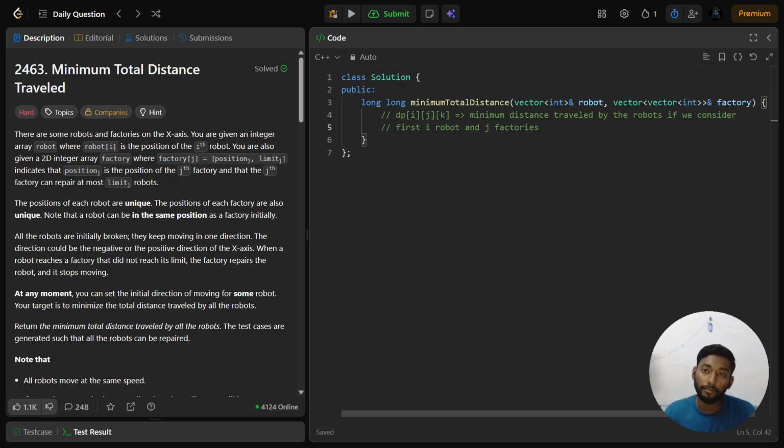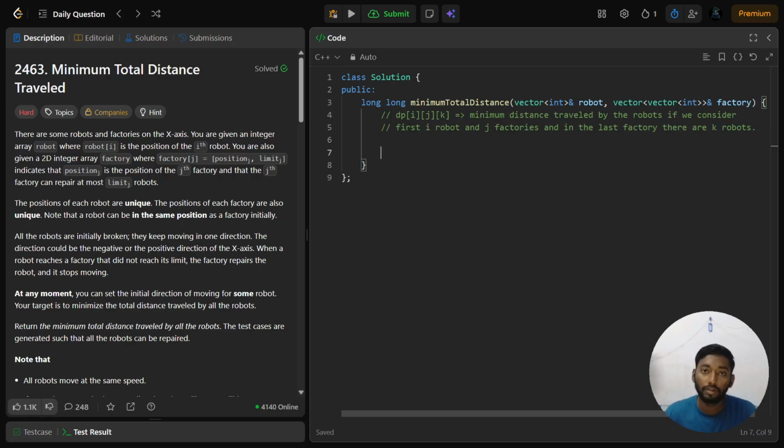And what is k there? With the first i robots and j factories, in the last factory there are k robots. So dp of i, j, k means the minimum distance traveled by the robots if we consider only the first i robots and j factories, and we know that in the last factory there are already k robots.